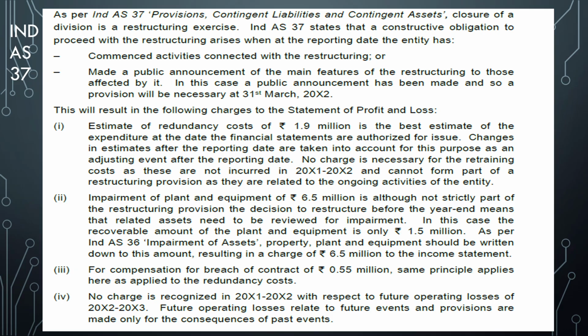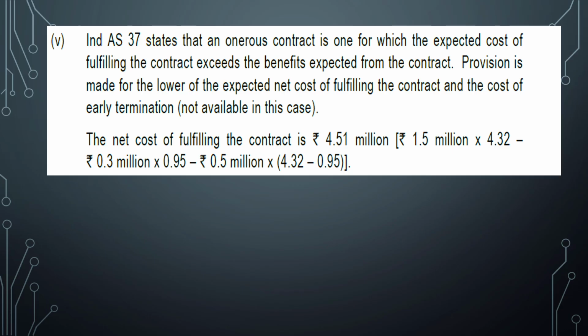So moving to the last adjustment, that is the leasing aspect. Ind AS 37 states that the two key things tested are the redundancy cost and the onerous contract. The onerous contract is one for which the cost expected to fulfill exceeds the benefit, that is, the cost you will incur to get the reward will be more than the actual gains from it. So the provision is made for the lower of the expected net cost of fulfilling the contract and the cost of early termination.